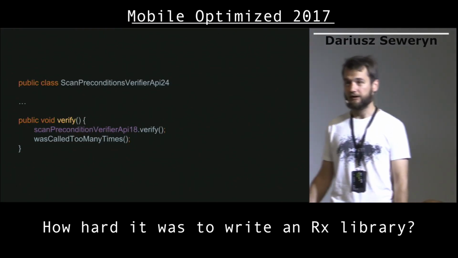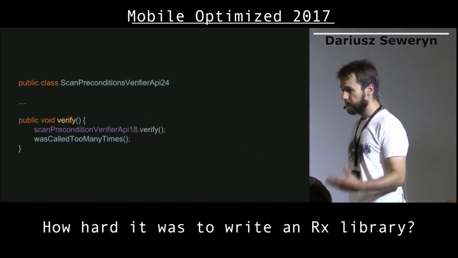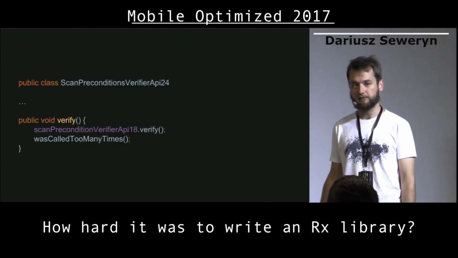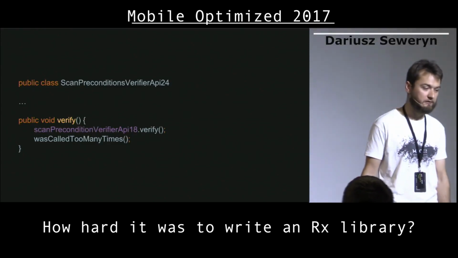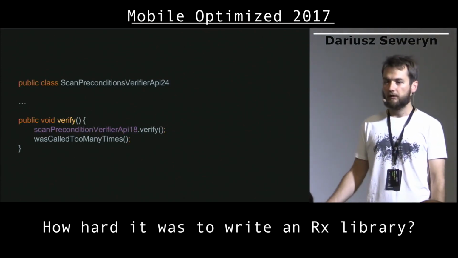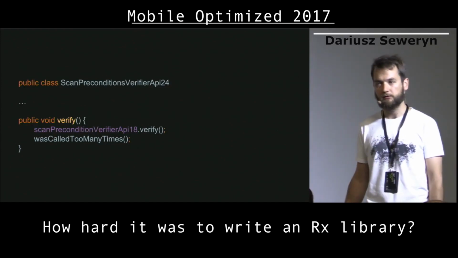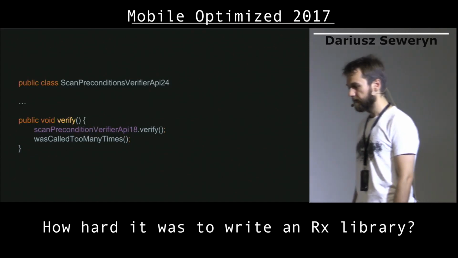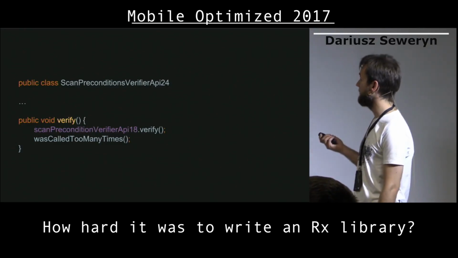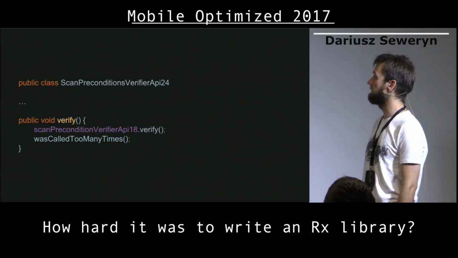Okay, but educating your users is not the only thing. Because usually when you are trying to build something, this is not necessarily a library and not an Rx library. Maybe some module that not only you will use, but also people that will come after you to your work. And sometimes you will see in the code that, all right, we have some class that is verifying scan preconditions.